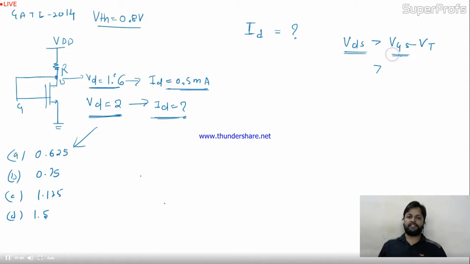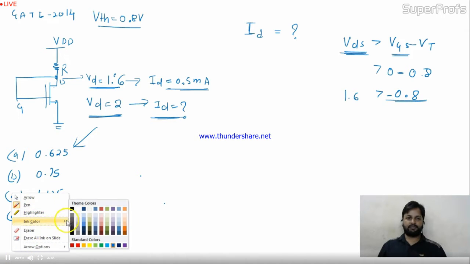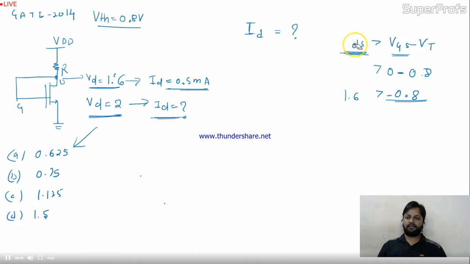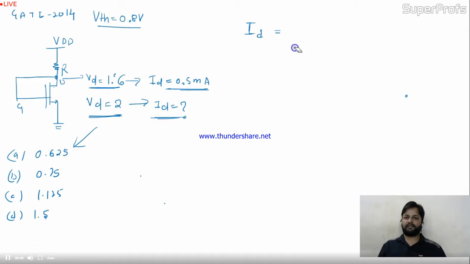VGS minus threshold is 0 minus 0.8, so this will be negative. Obviously VDS will be greater than this because VD is 1.6, which is greater than 0.8. So definitely your MOSFET is working in the saturation region, so we have to consider the saturation region current ID.